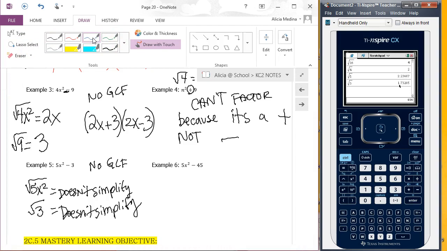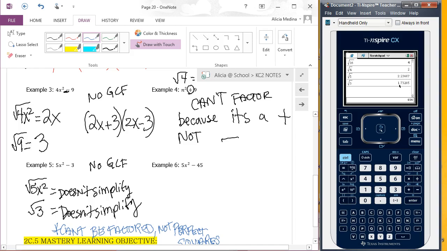So this can't be factored, and we can say not perfect squares. Board gets really weird. So can't be factored, not perfect squares.